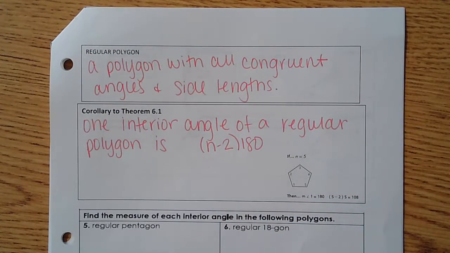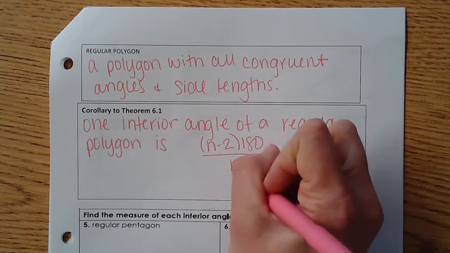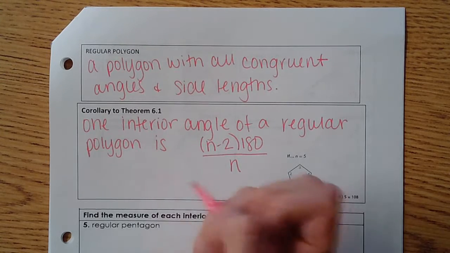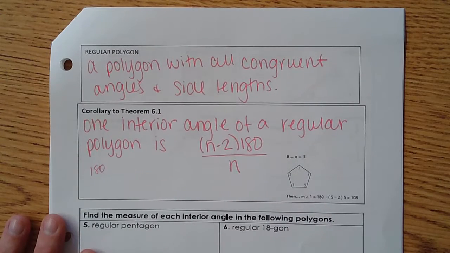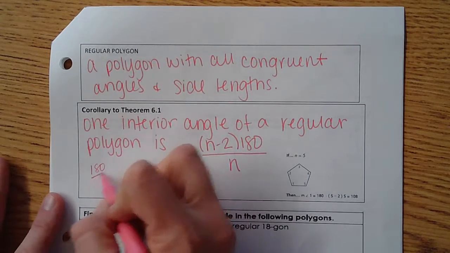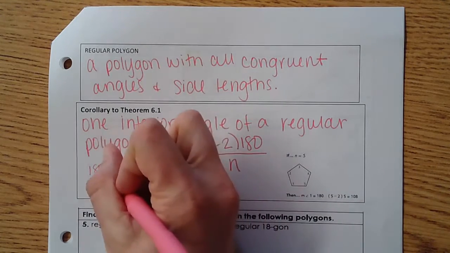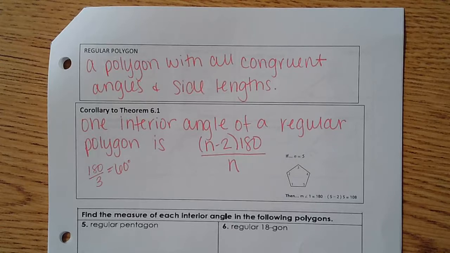So we're going to take the formula that tells us the sum of all the interior angles in a polygon and divide it by the number of sides. So, for example, in an equilateral triangle, remember, we knew that the sum of a triangle was 180. And to figure out in an equilateral triangle what all three angles were, we took 180 and divided it by 3 and got 60. All right.